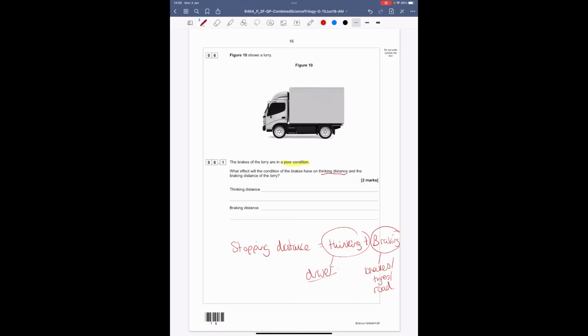Well, the brakes don't affect how well the driver's thinking, so it would have no effect. The thinking distance would stay the same. No effect. But the braking distance, if they are in poor condition, it would increase the braking distance and make it longer for the vehicle to stop.